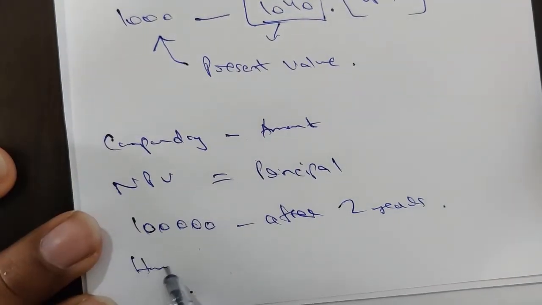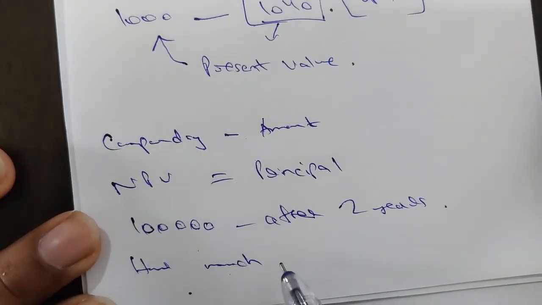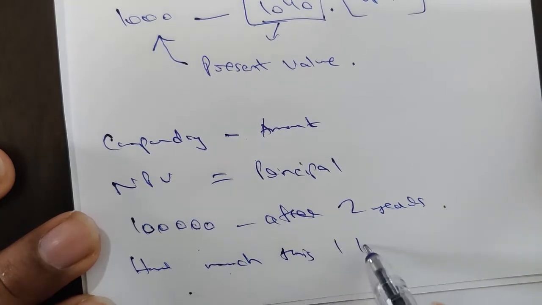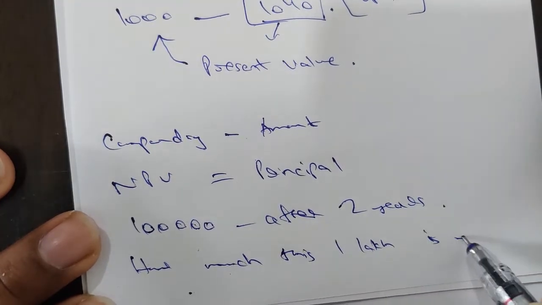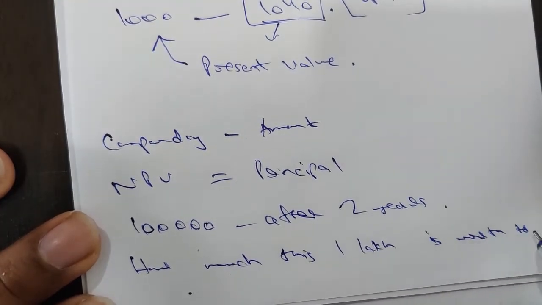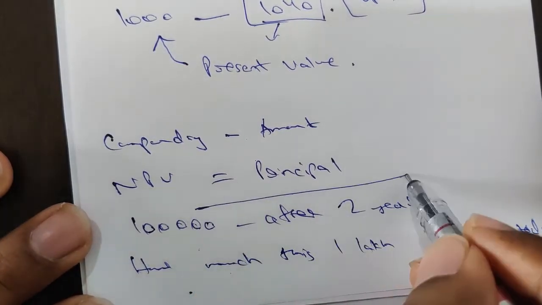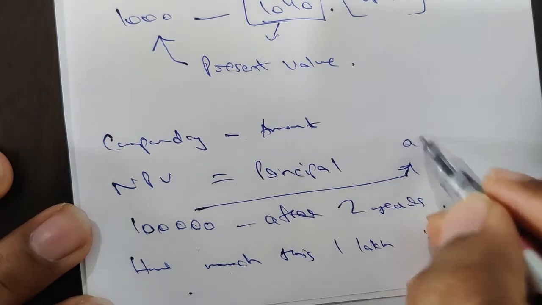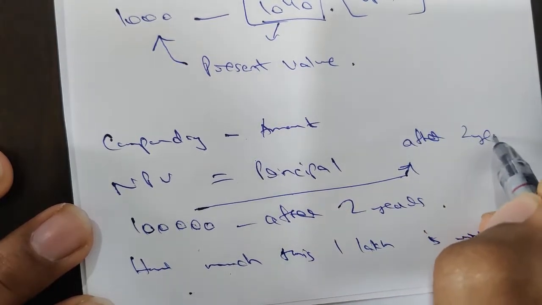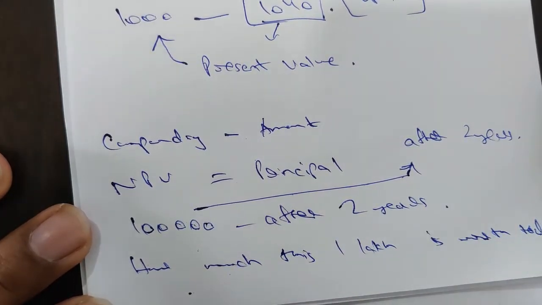How much is this 1 lakh worth today? In compound interest, we are calculating how much this will be worth after 2 years. In NPV, we are calculating how much this is worth today.